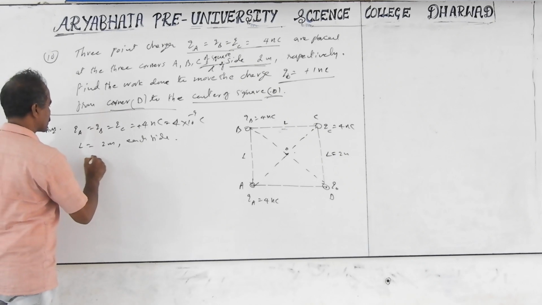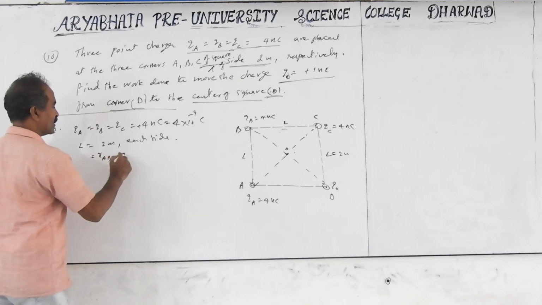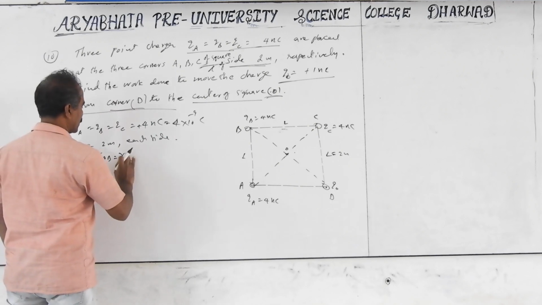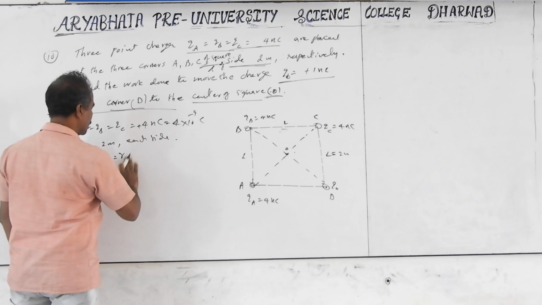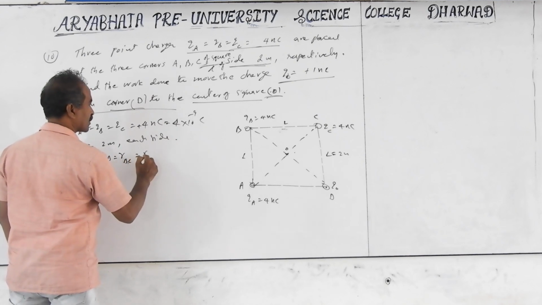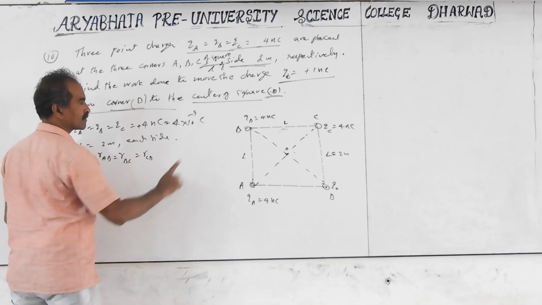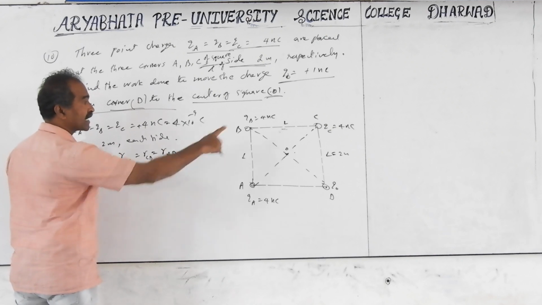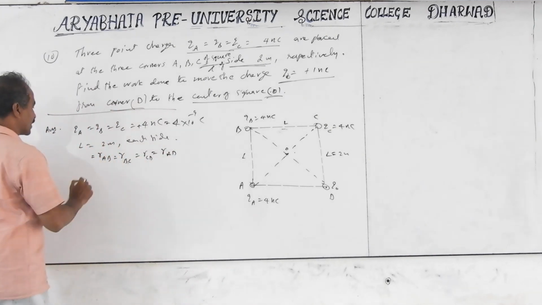I can take it as RAB, RBC, RCD and RDA. But RAC is different. What is RAC?